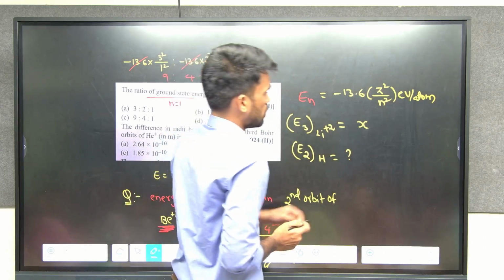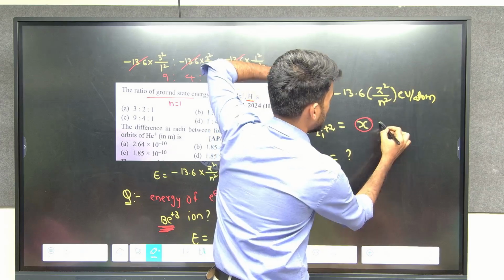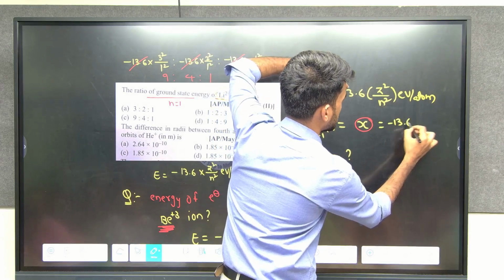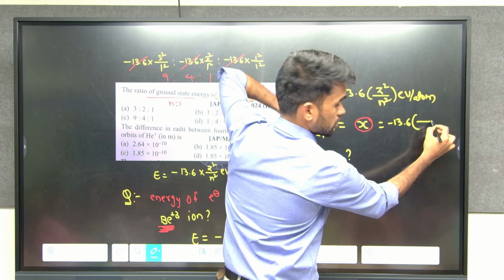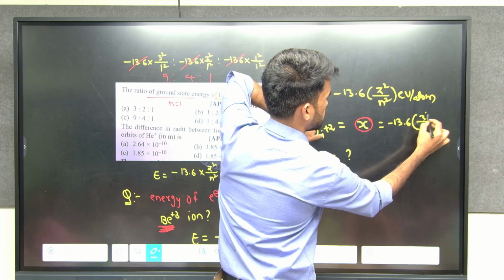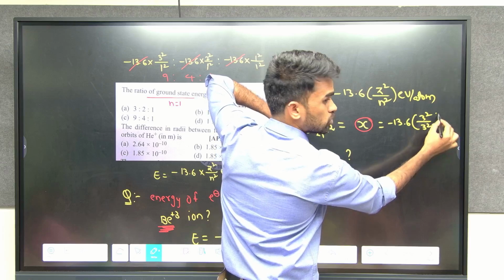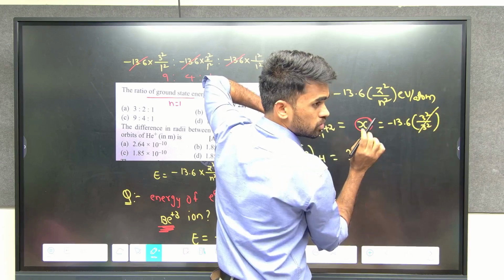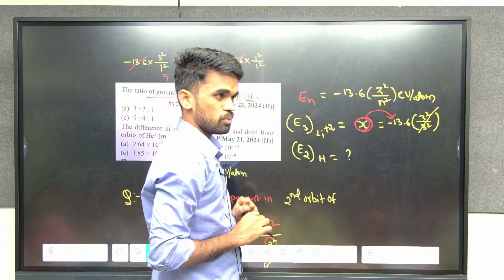So for x, the energy is minus 13.6 into Z square. Z is how much for this? 3 square by n square, and n is 3, so 3 square cancels out. Now what is our x value? Minus 13.6.